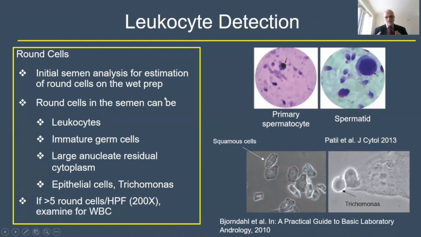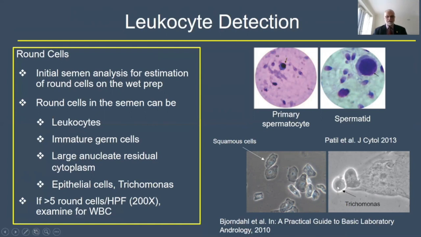What we see if we look at the ejaculate in a normal light microscope are round cells, for the initial semen analysis in the wet prep. And we cannot distinguish between leukocytes and immature germ cells. There are even other cells, epithelial cells or trichomonas. Here are primary spermatocytes, here is a spermatid, and here even the trichomonas.